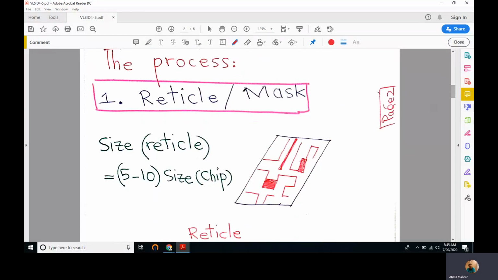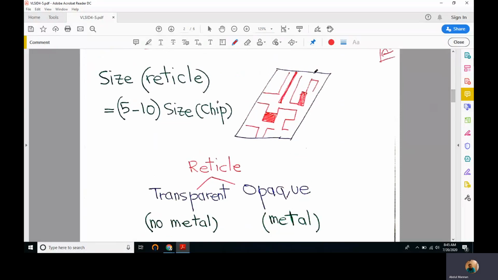The first step is to make a mask or reticle, which we usually do in PCB manufacturing. The reticle contains two portions, transparent portions, this one, and opaque portions, for example, this one.